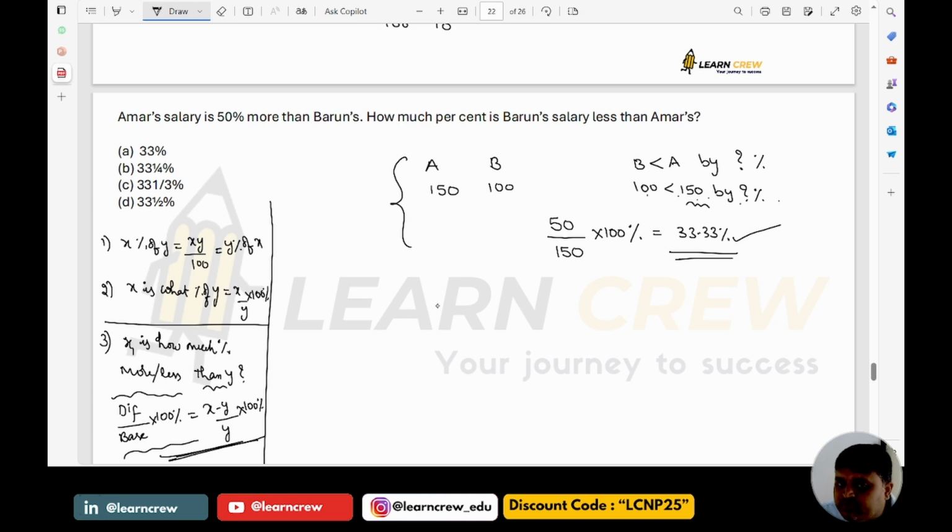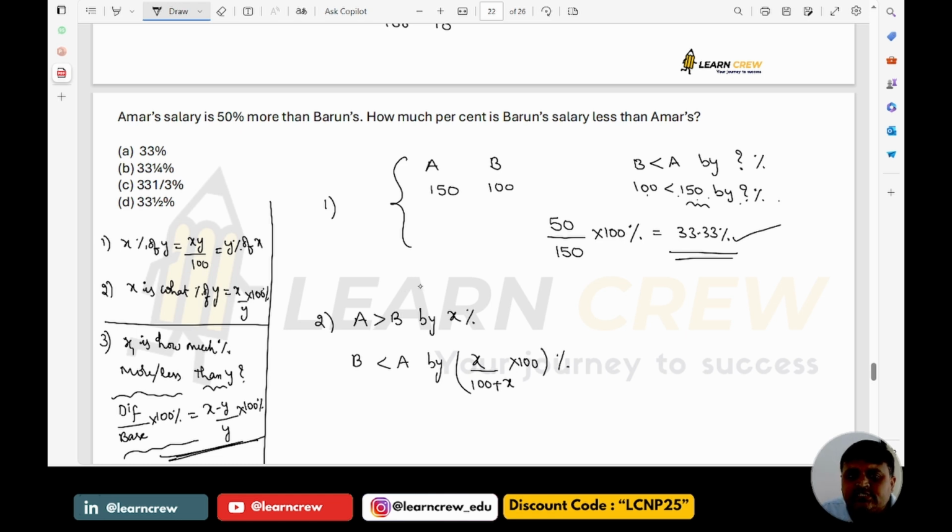I am trying to give you the second method. This is first method. And second method I am giving with the help of formula. If A is more than B by some X percentage, then B is less than A by how much percentage? It is X by 100 plus X into 100 percentage.